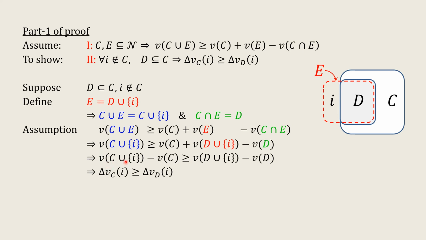Or, rearranging terms, value of C union I minus value of C is greater than or equal to value of D union I minus value of D. Now, if you look at the left-hand side here, this is the definition of the marginal contribution of I to C. So, delta VCI is greater than or equal to, and on this side, you have the expression for the marginal contribution of I to coalition D. So that's delta VDI.